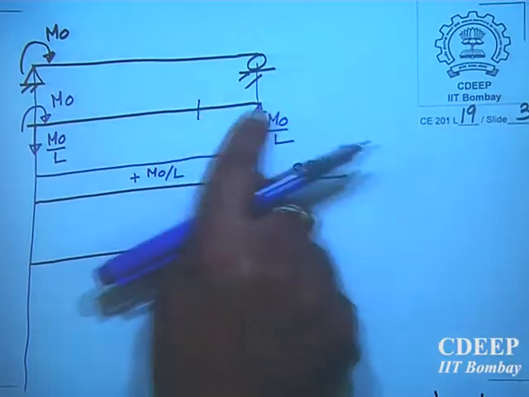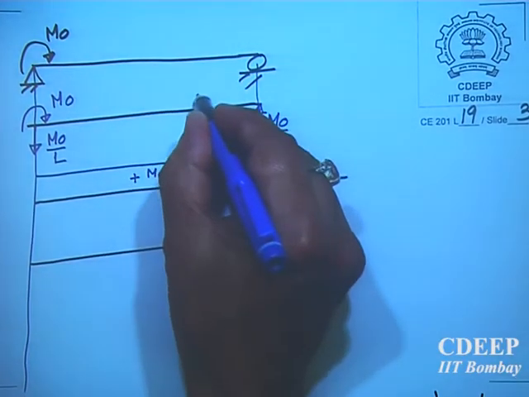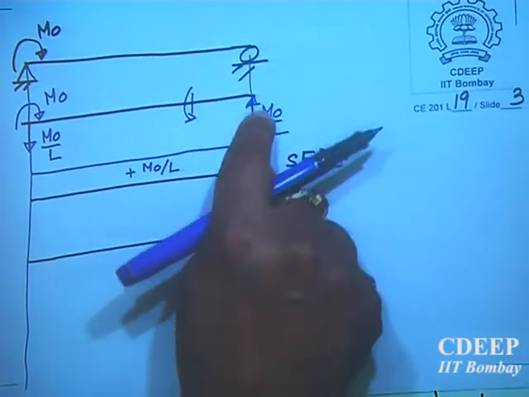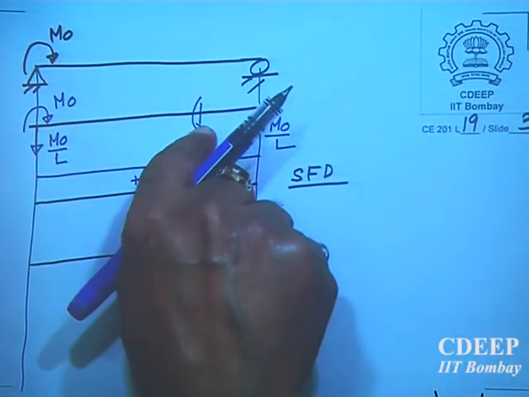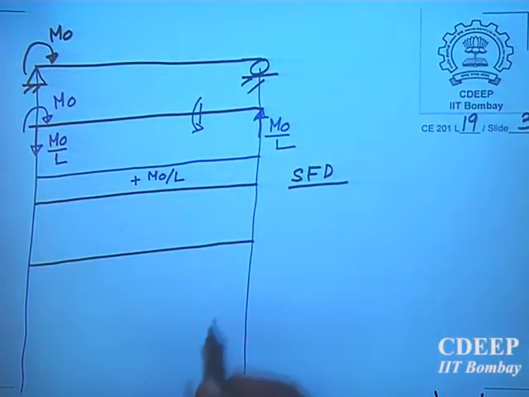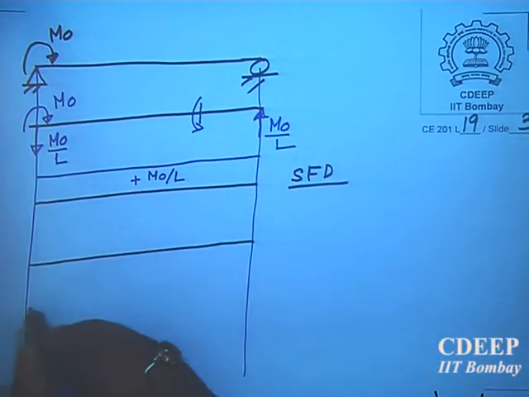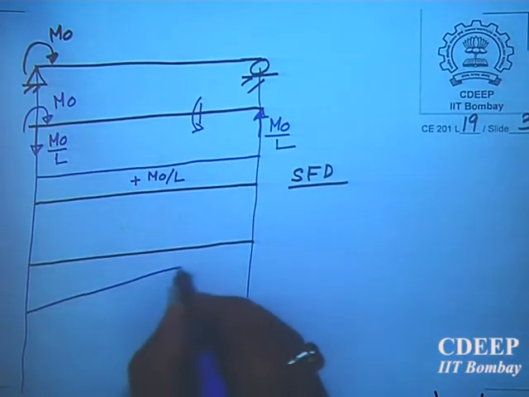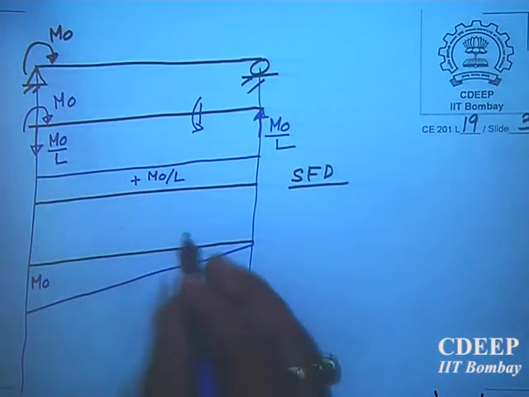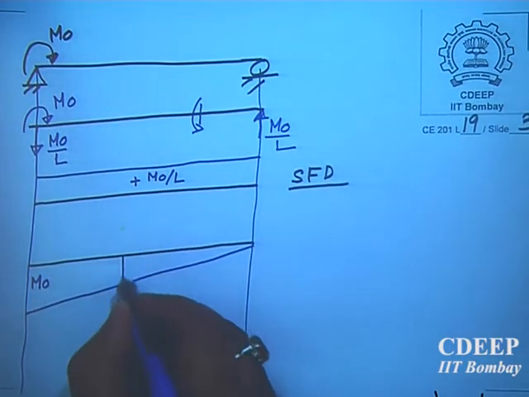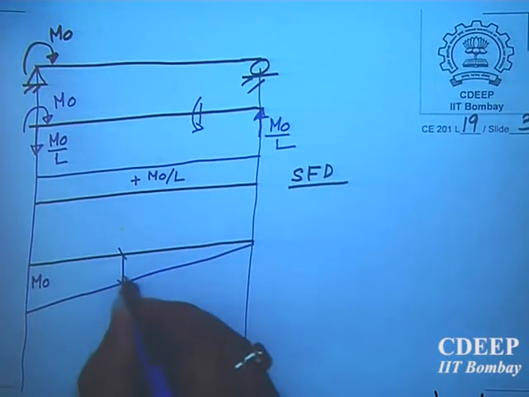If I take my free body diagram here and my positive bending moment is like this, and if I take moment about this, so this will come negative. So negative, it is 0 here, and then this one will be m naught, and at any point, what will be the value?